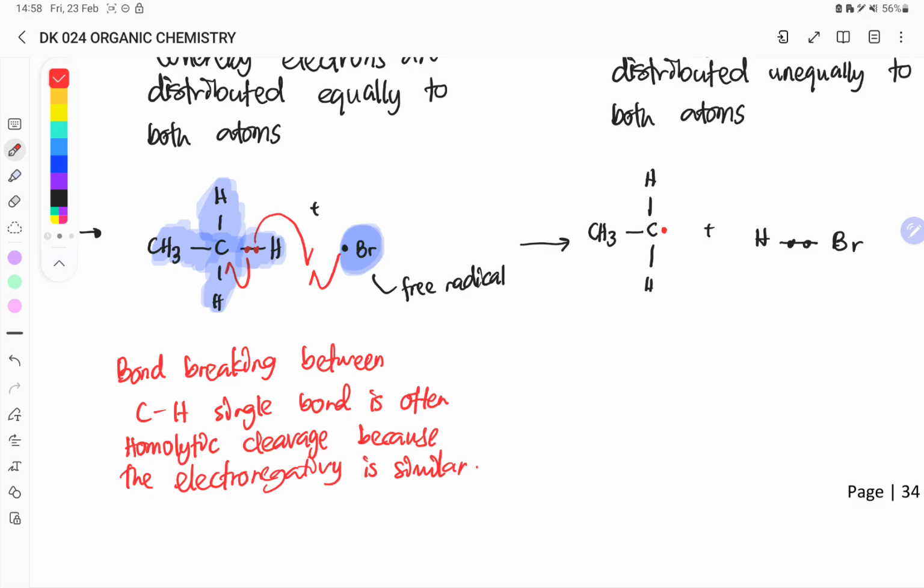Electronegativity antara karbon dengan hidrogen adalah lebih kurang. Jadi dia nak ambil elektron tu, dia akan putuskan secara homolytic. Okay, because the difference is very small.